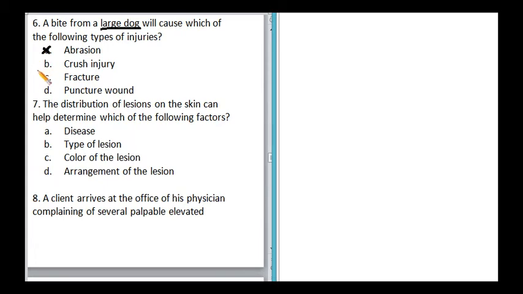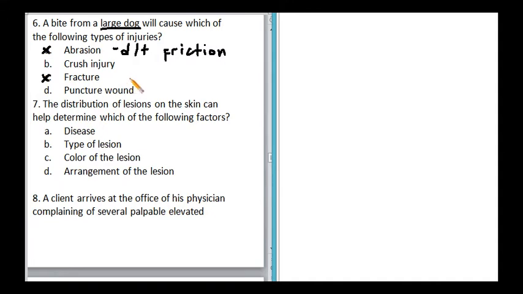So let's try to eliminate wrong options here, one of which will be A. Eliminate abrasion, because abrasion is due to friction and not from a bite. Okay, so let's try to eliminate letter C also, because fracture from animal bites is very rare.